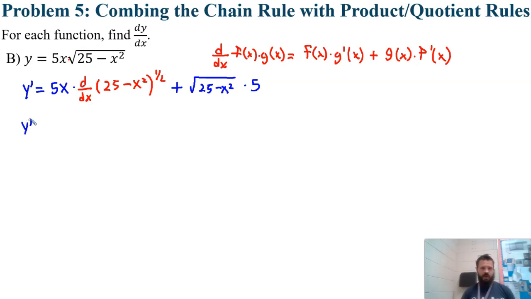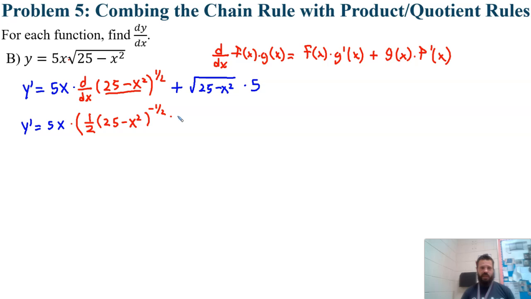All right, so we've got y prime is equal to the same 5x. And now let's take the derivative of this guy here. Okay, we're to the half power again, so the derivative is going to be 1/2 raised to the negative 1/2 power of the inner function, which is my 25 minus x squared. And then times the derivative of that inner function here. 25 is nothing.